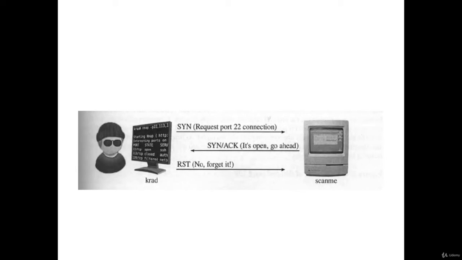If Nmap completed the connection, it would then have to worry about closing it. This usually involves another handshake using FIN packets rather than SYN. So an ACK is a bad idea. Yet something still has to be done.